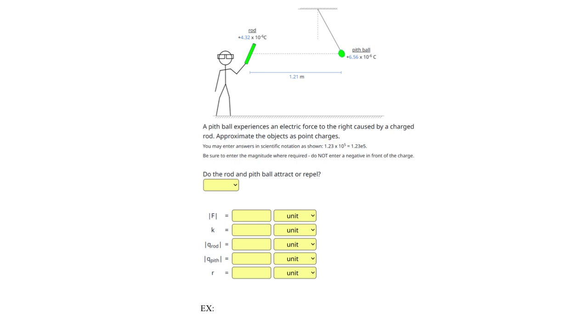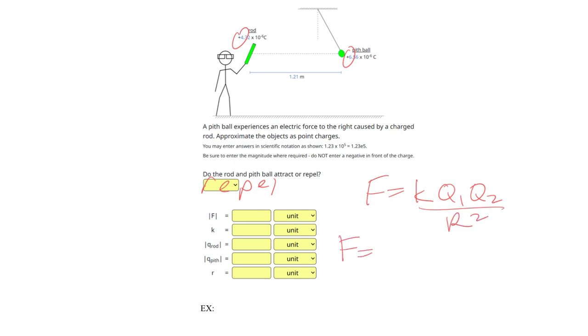Okay, here's one I'll kind of give you on the exam too. Now, this is positive, so they repel. Okay, F equals what? K, Q1, Q2 over R squared.